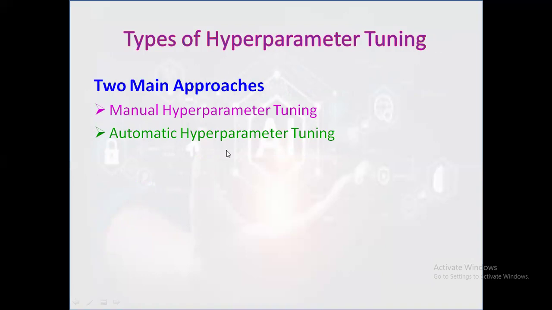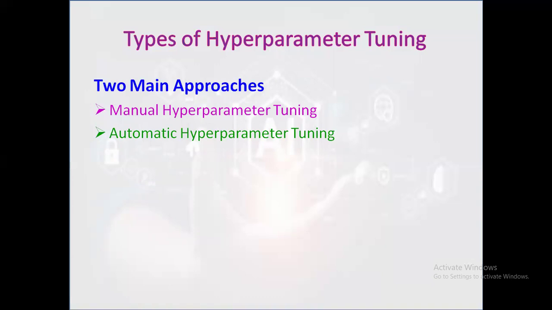Hyperparameter tuning methods are generally divided into two broad approaches, manual tuning and automatic tuning. Both aim to find the best configuration values that maximize model performance, but they differ in how they search for these values. First, manual hyperparameter tuning. Manual tuning involves selecting hyperparameter values based on human understanding, intuition, and repeated experimentation.